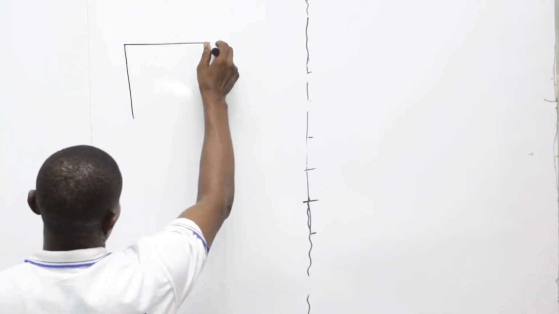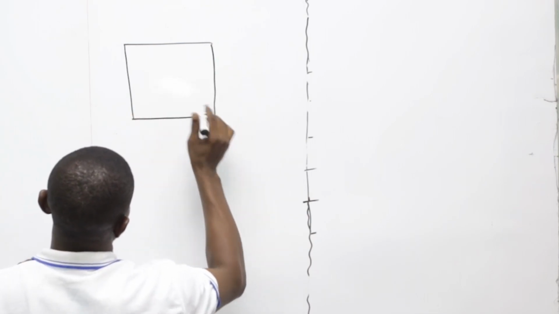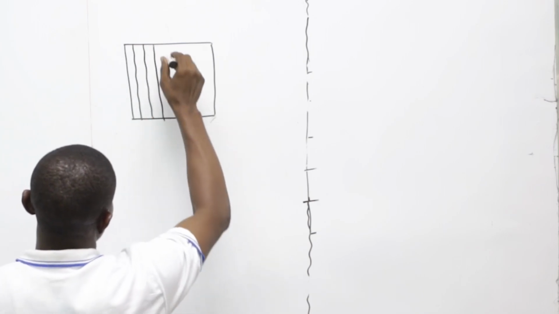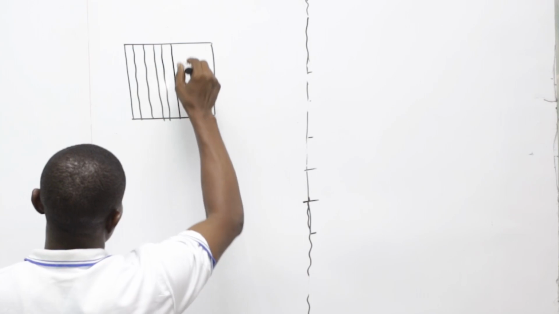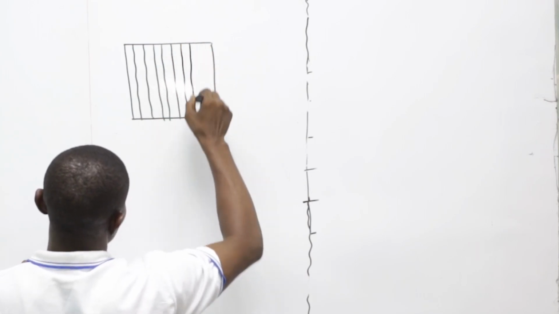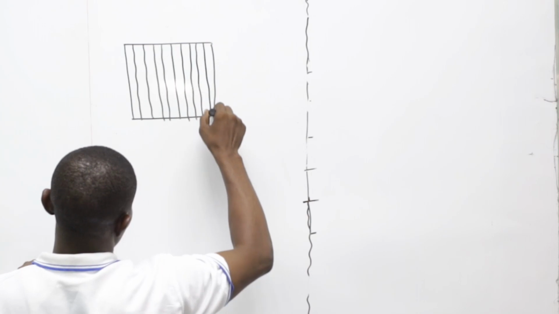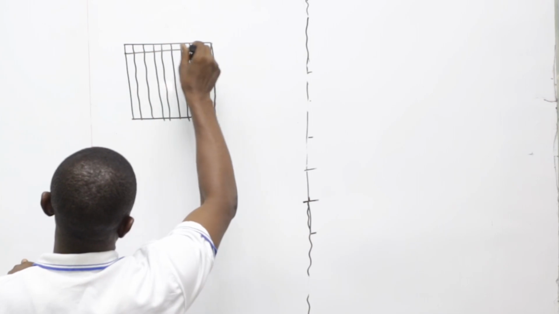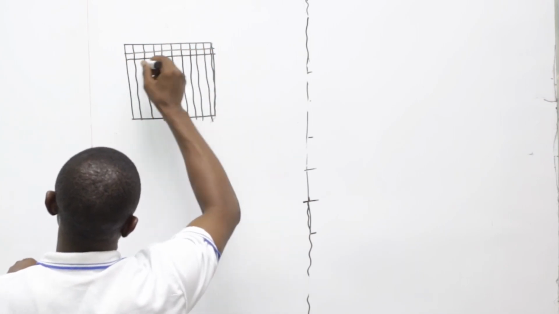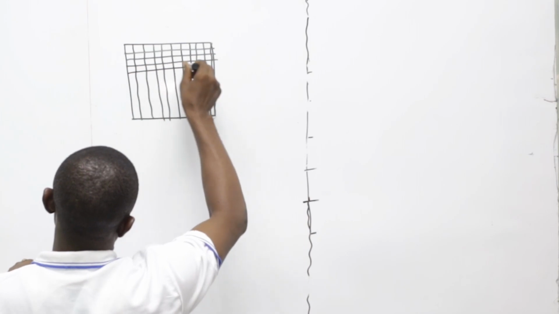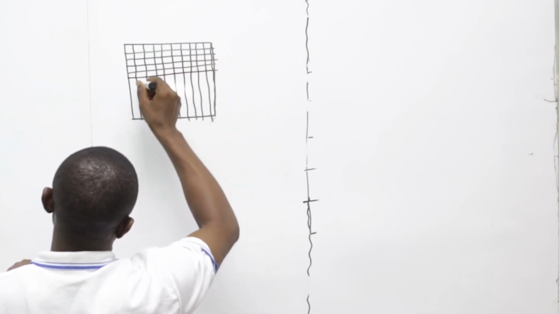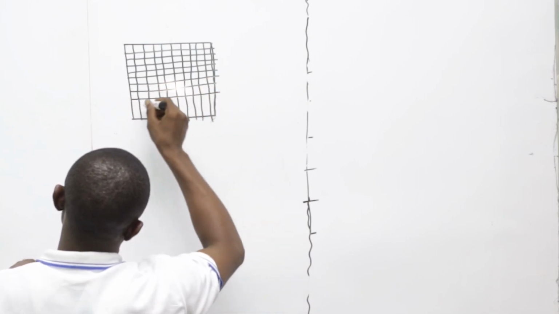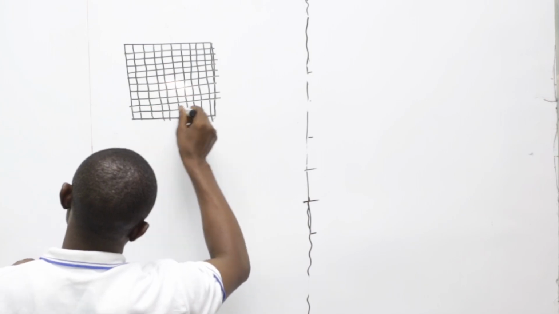A rough estimate. Look at, let's say, 1, 2, 3, 4, 5, 6, 7, 8, 9, 10 for the vertical axis, and horizontal 1, 2, 3, 4, 5, 6, 7, 8, 9, 10.